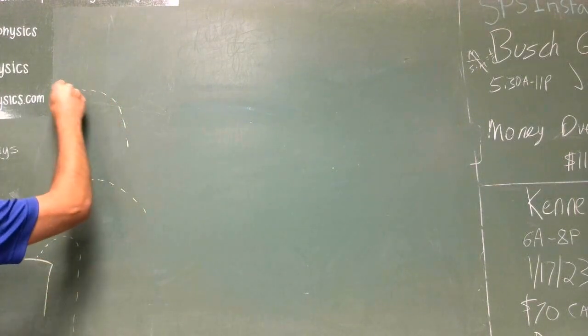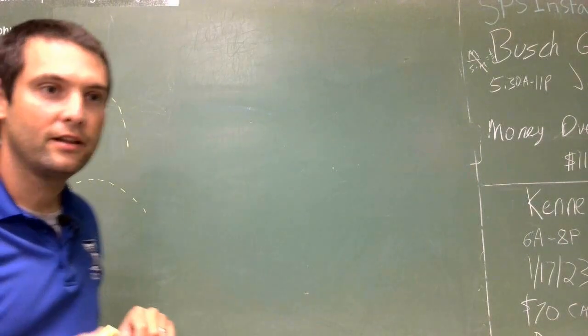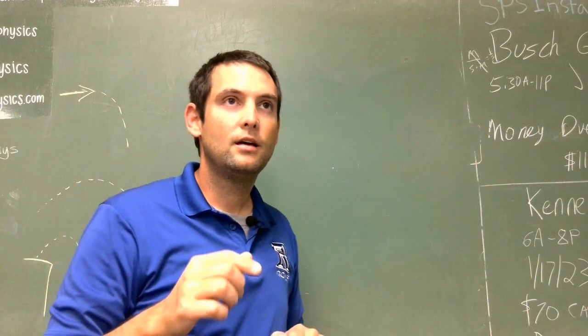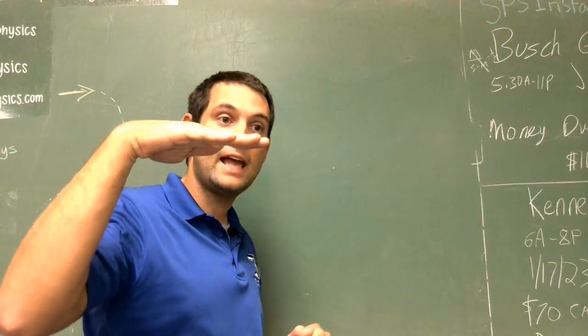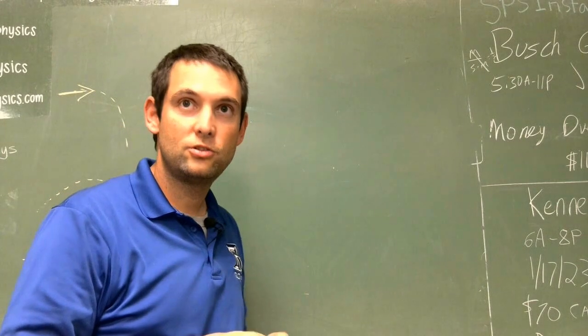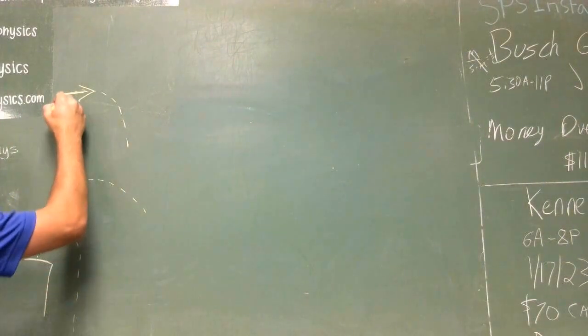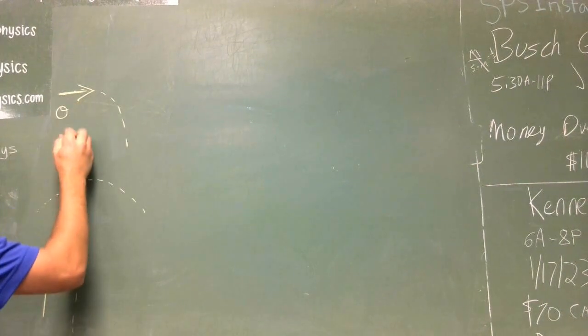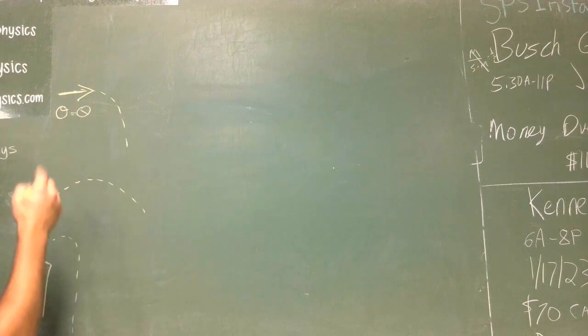For case number one, a horizontally launched projectile. That is the big hint for you that the projectile is launched at an angle that is parallel to the ground. If it's launched parallel to the ground, then our launch angle equals 0.